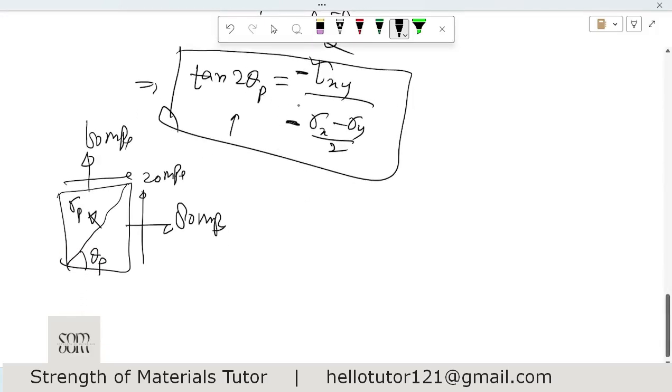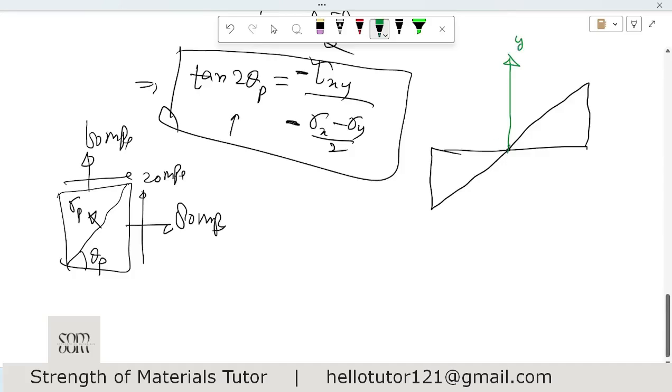So if we draw this on a triangle, let us say this is the positive y axis, and this is the positive x axis, and this side is the negative and this side is the positive.